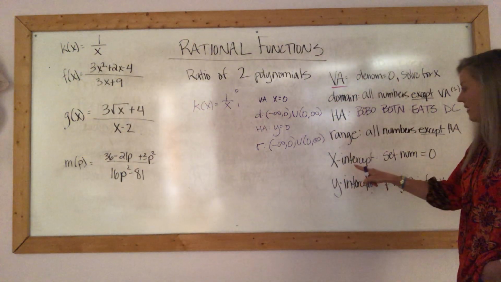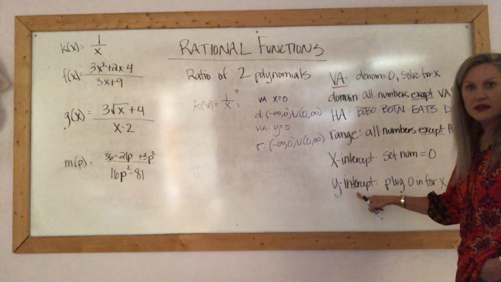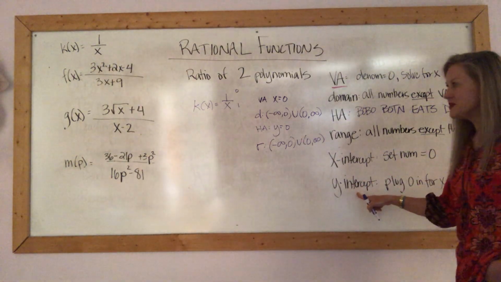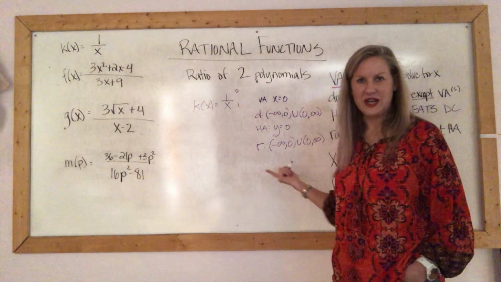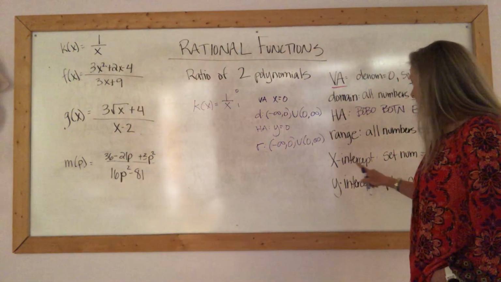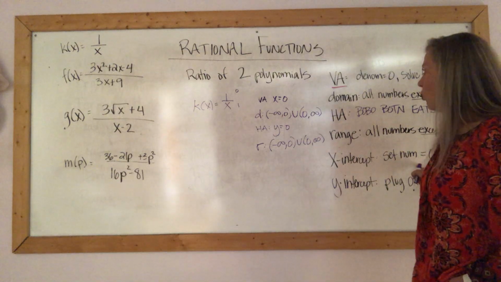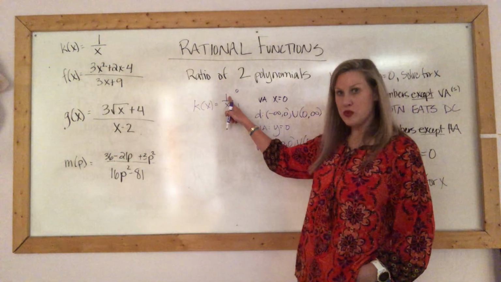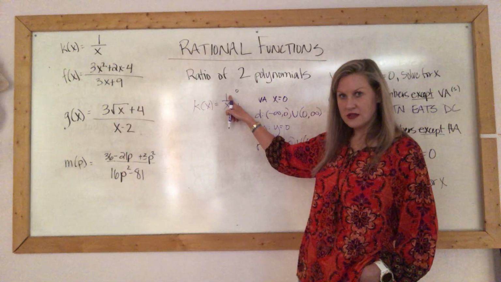Now I want to know my x-intercept or x-intercepts and my y-intercept. Sometimes we can scratch our heads and wonder whether we'll have any based on this already predetermined information. If not, I know that my x-intercept will occur when I set the numerator equal to 0 and solve for x.